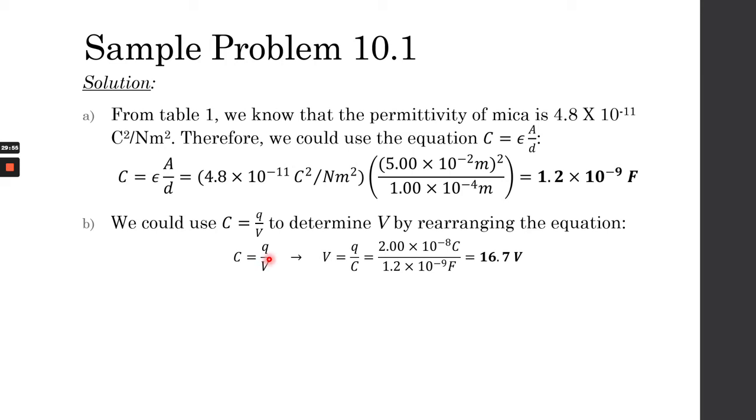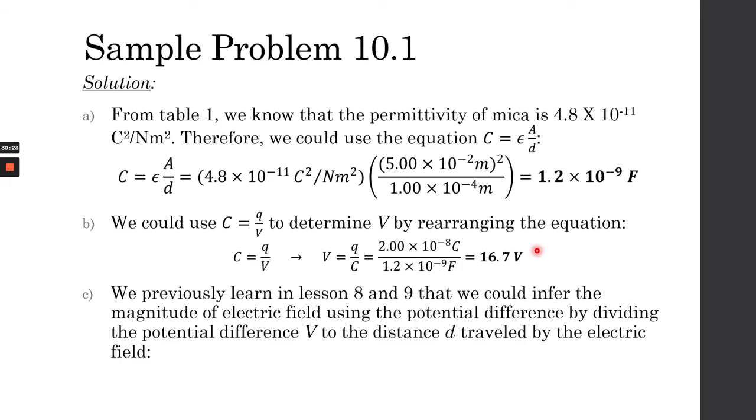C is equal to Q over V, so the potential is equal to the charge divided by the capacitance. One of the plates has a charge of 2.0 times 10 raised to negative 8 coulombs, divided by the capacitance we measured in letter A, then we get that the potential difference between the two plates is 16.7 volts.